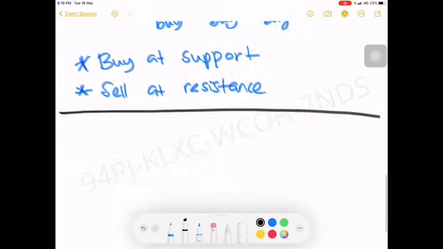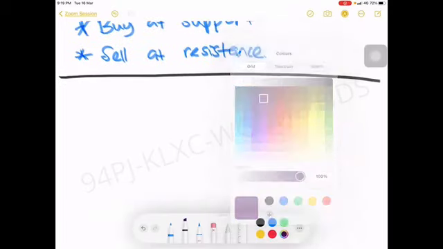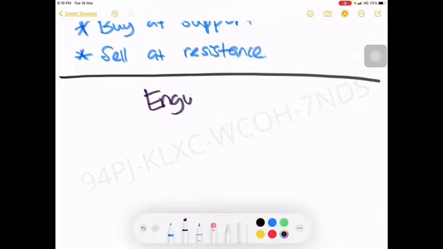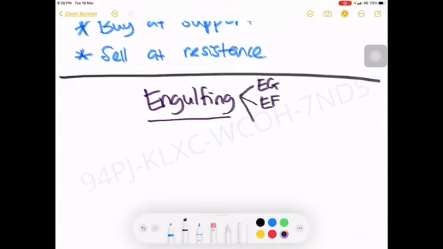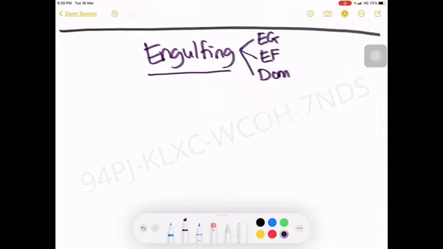So I'm going to go with engulfing. Now we are at engulfing. There are three types of engulfing. We have engulfing, just a normal one, and then we have EF, and then we also have DOM. Now we're going to learn about the EG first.